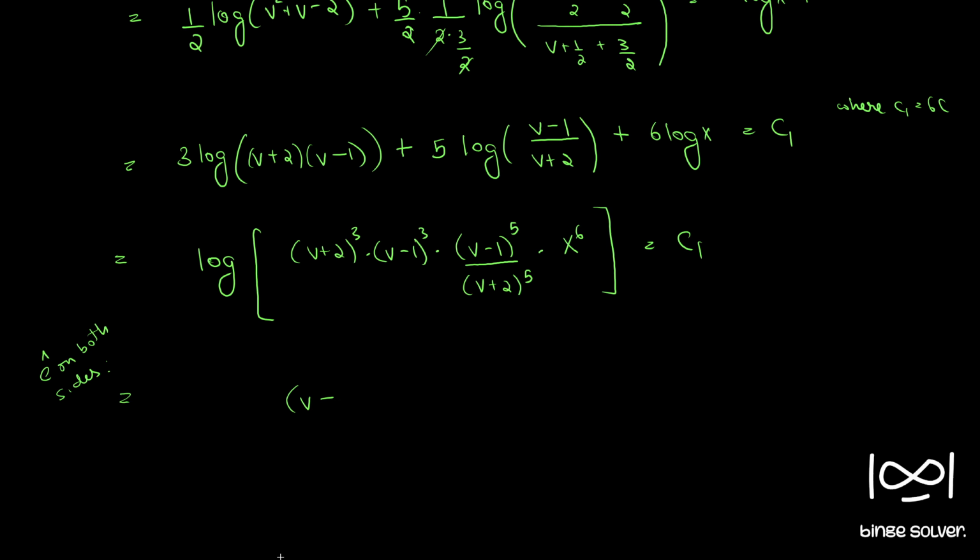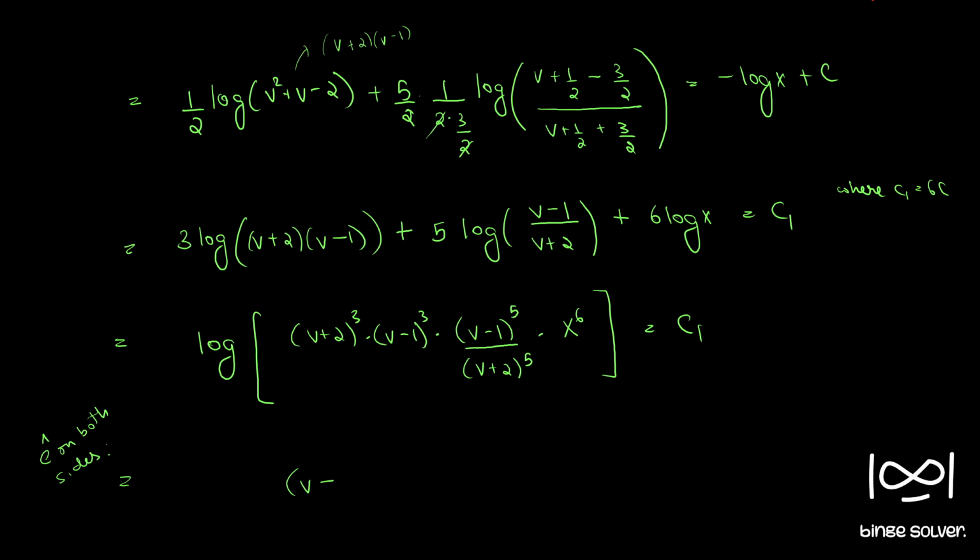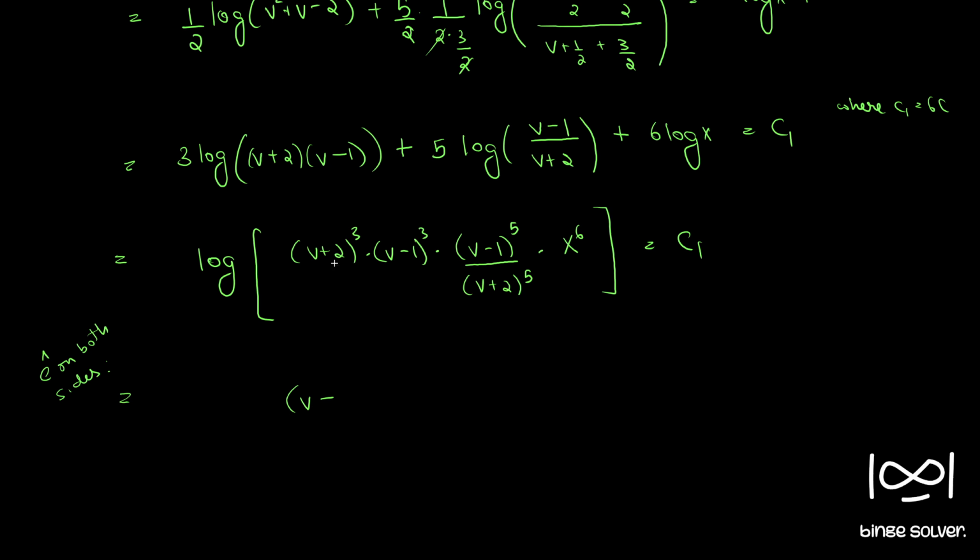Okay, let me just check. This gives (v minus 1) raised to 8 by (v plus 2) raised to 2, and 3 gets cancelled, into x raised to 6 is equal to e raised to c1, which becomes c2, where c2 equals e raised to c1.